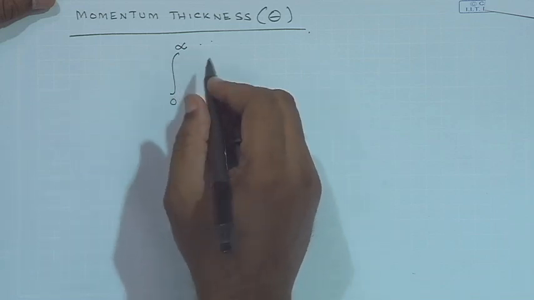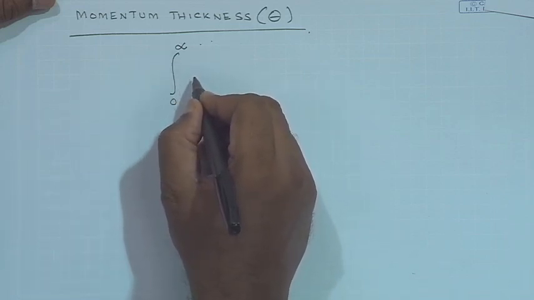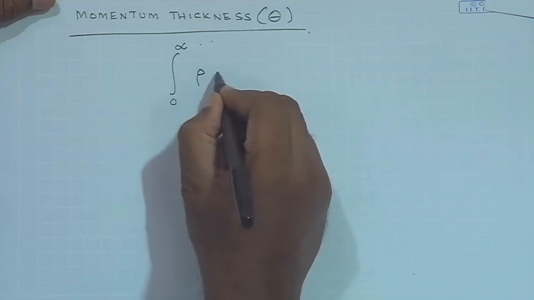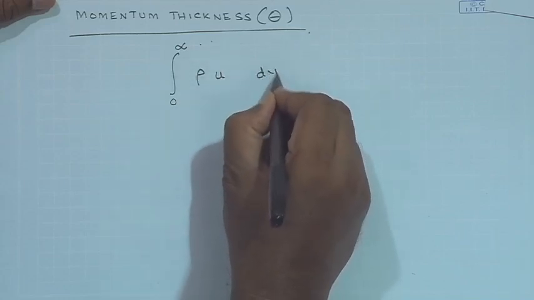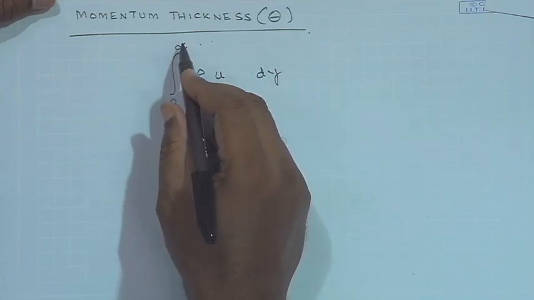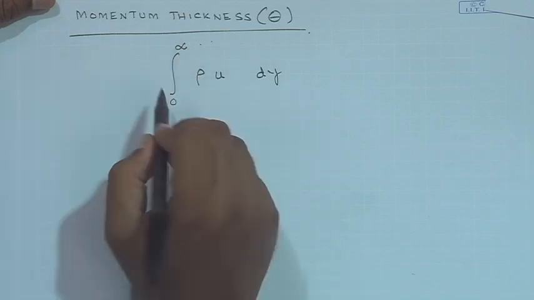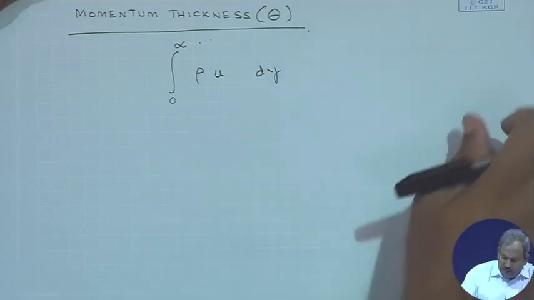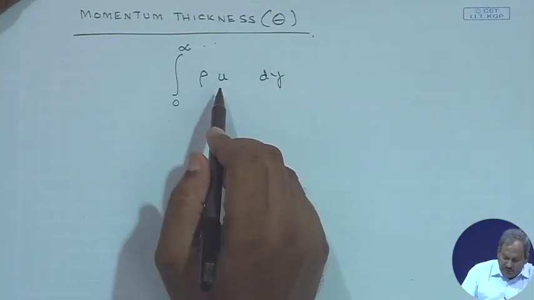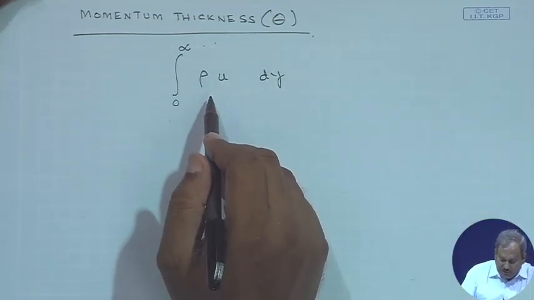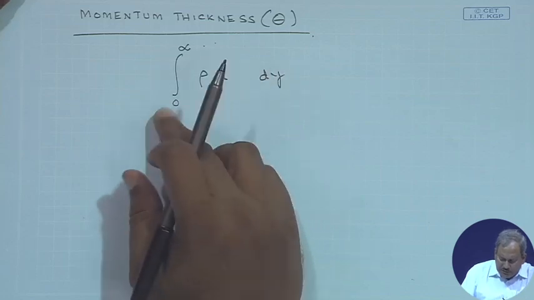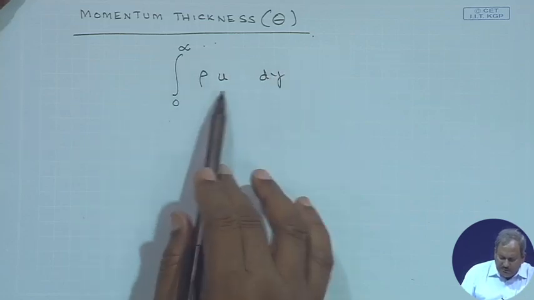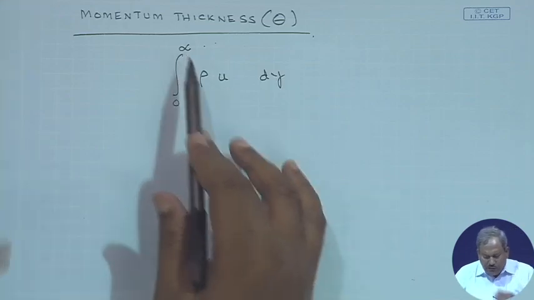The actual flow which is taking place inside the boundary layer is integration of rho times u dy, where y varies from 0 to infinity. The infinity is put mathematically, because only at infinite distance does the velocity become equal to the free stream velocity. But we artificially put a condition where the velocity reaches 99% of the free stream velocity, so we can later convert this integral to 0.99 delta.